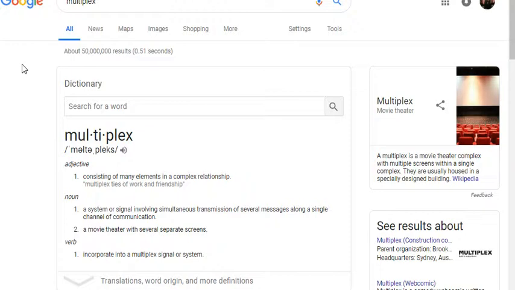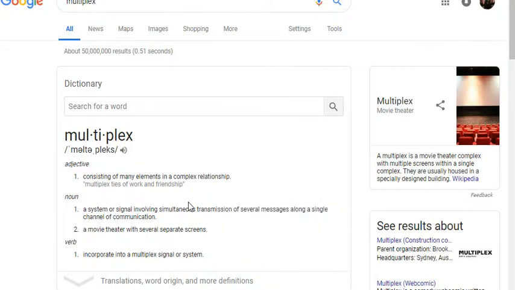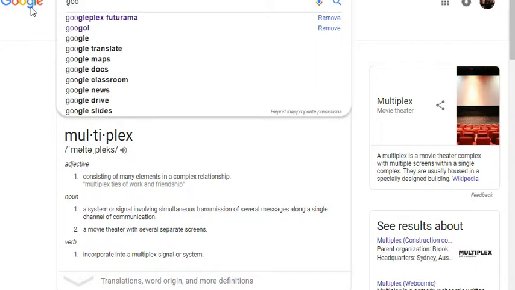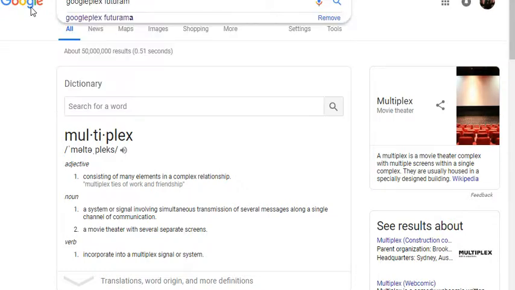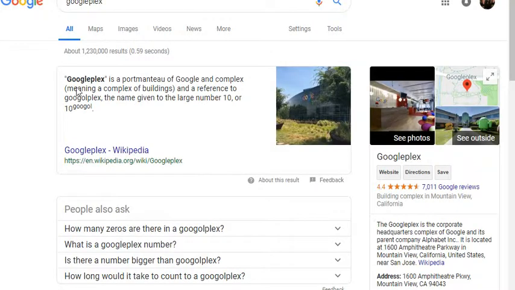If you take the idea of a googol and amp it up a little bit, what if you had not 10 to the 100th power, but 10 to the googol power, googolplex. So a googolplex is 10 to the power of a googol, which is beyond imagining. I just can't imagine something that big.